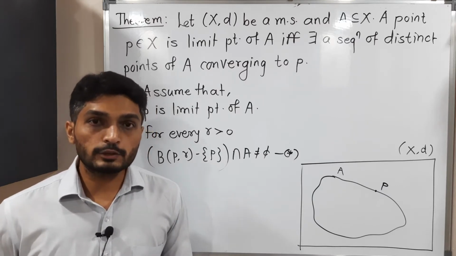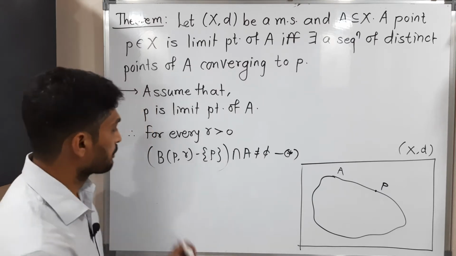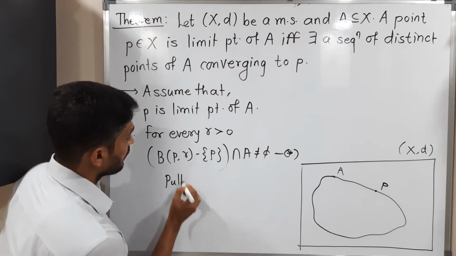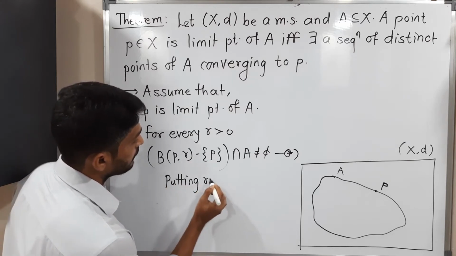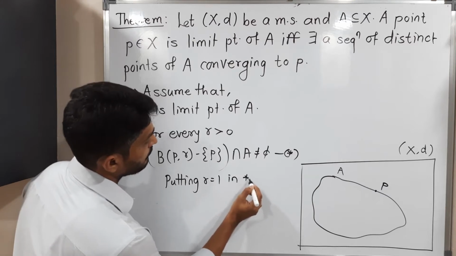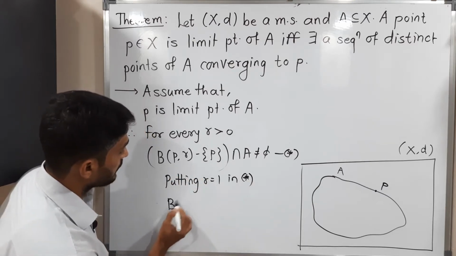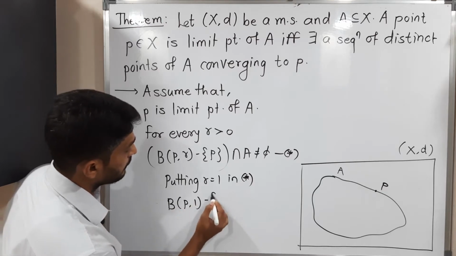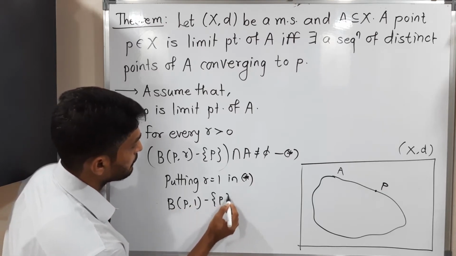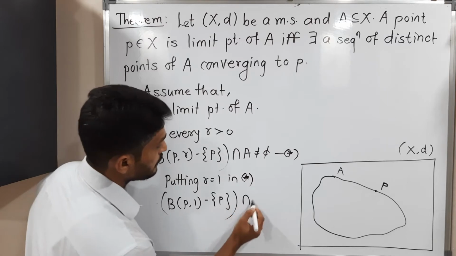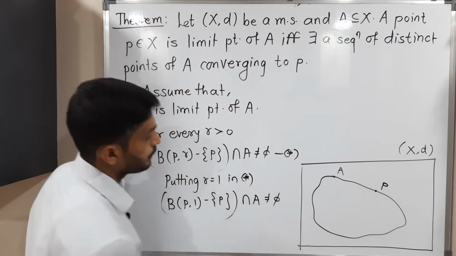Initially I assume r is equal to 1. Putting r equal to 1 in (*), what will we get? B(P, 1) minus {P} intersection A is not equal to phi.